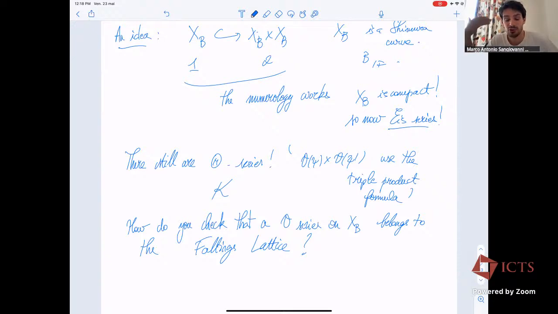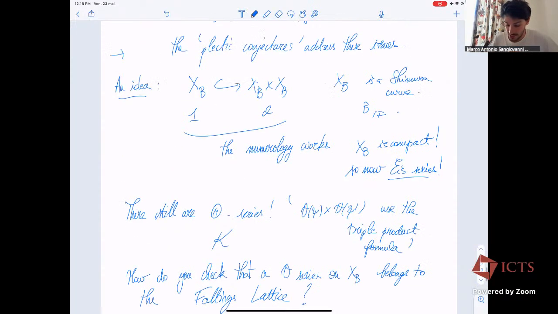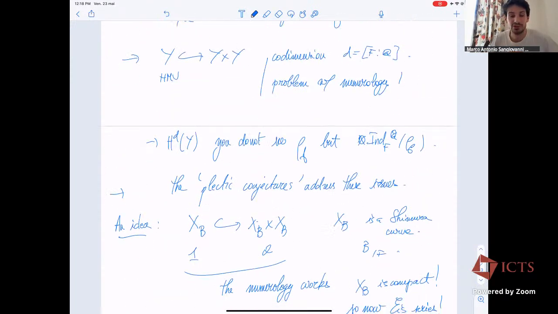And then in order to have a geometric Eisenstein series, you need your Shimura variety to have a boundary. But when you ask for it to have a boundary, then, for example, if you wanted to work with the Hilbert modular variety, our method somehow doesn't work because the numerology doesn't work.